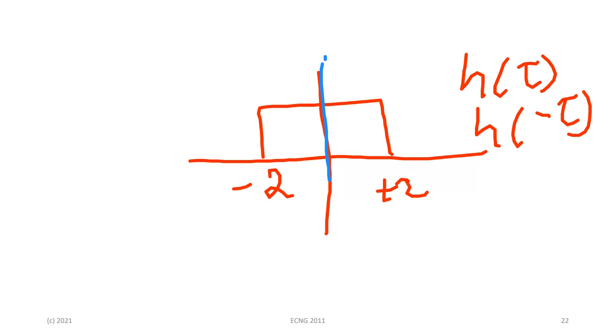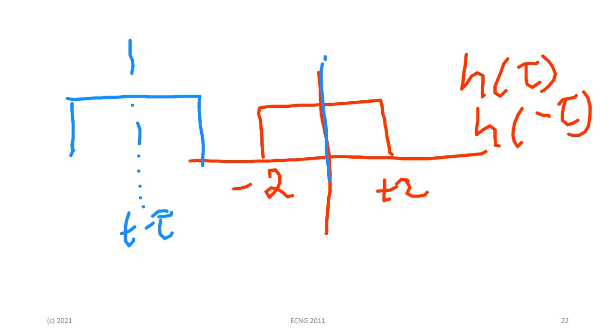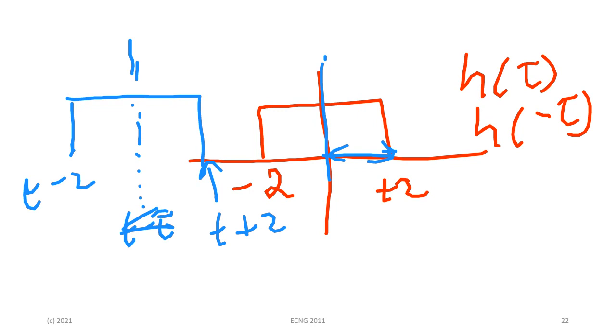So if I now shift this along the time axis to some t minus tau, t minus tau is here, whichever this point is. So the front of the pulse will be t plus 2, because 2 this way, and the back of the pulse will be t minus 2. This is the t point here. Sorry, there's a t point. I've shifted it to the position t somewhere arbitrarily on the axis. Make sense now?